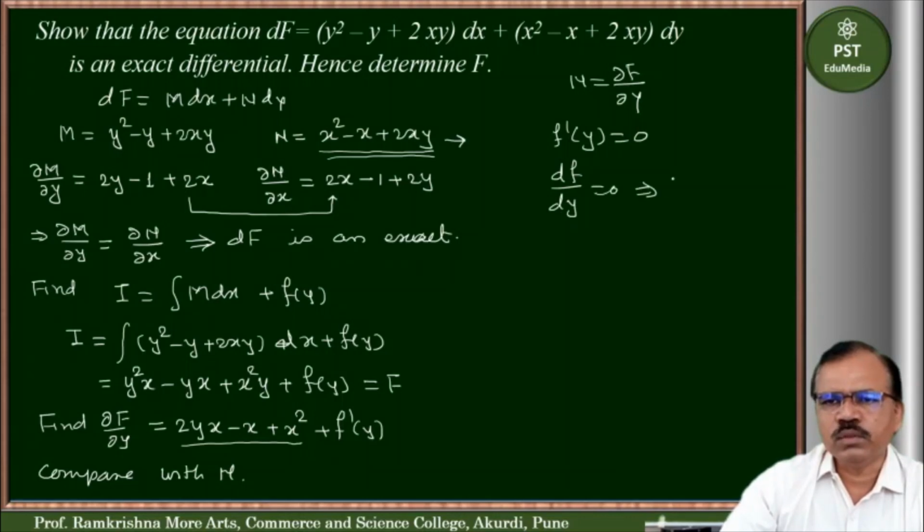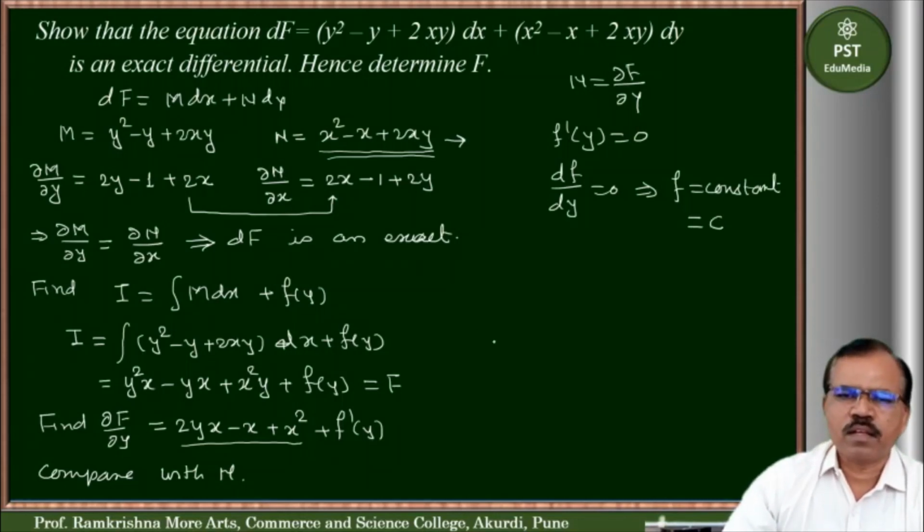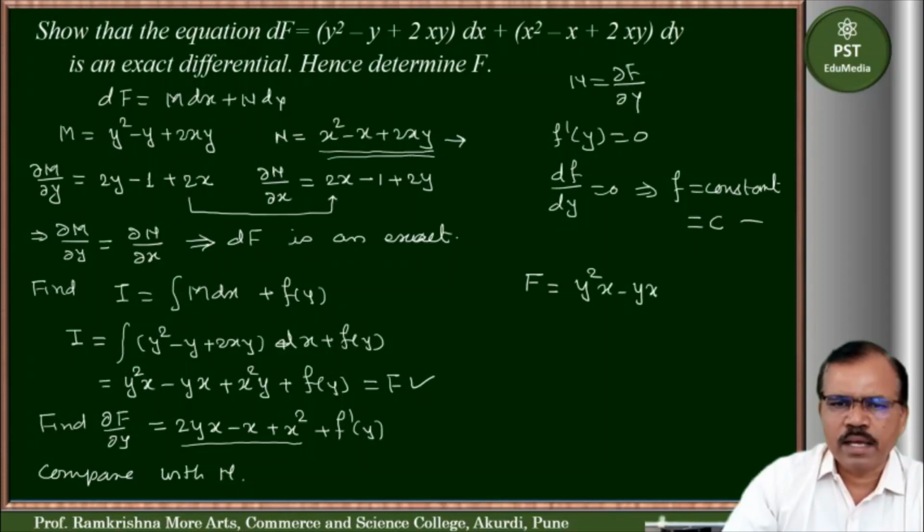This gives you f is equal to constant. So let us call that C. Now take this C in this equation. So we get f is equal to y square x minus yx plus x square y plus C.